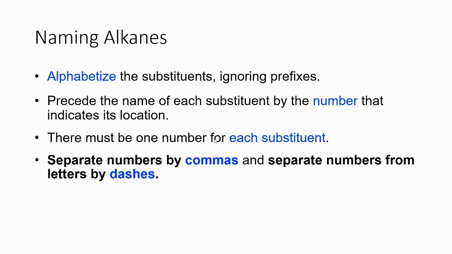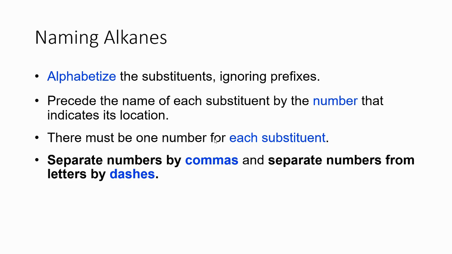This is just systematic naming, so these are rules to follow so we all get the same name. You have to alphabetize the substituents, ignoring the prefixes. So ethyl comes before propyl or methyl. Methyl comes before propyl. Isopropyl comes before propyl.